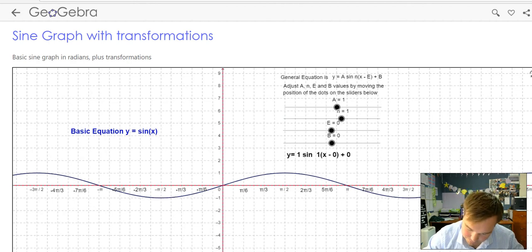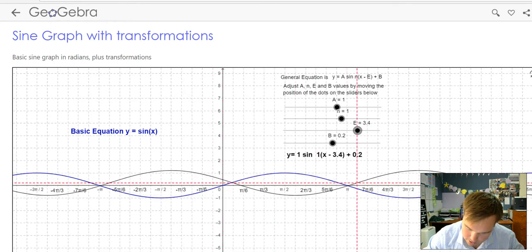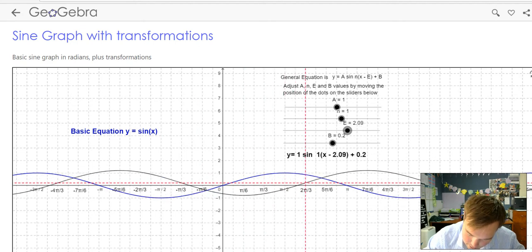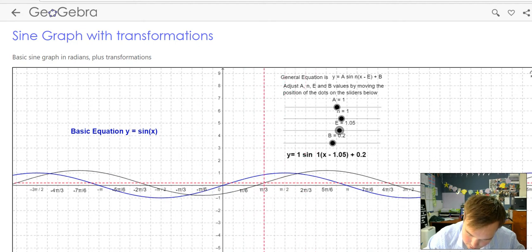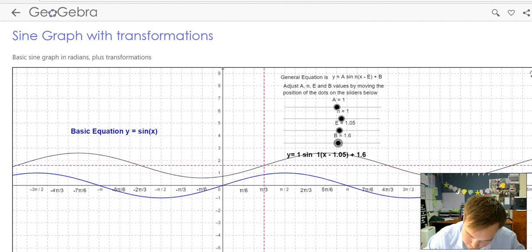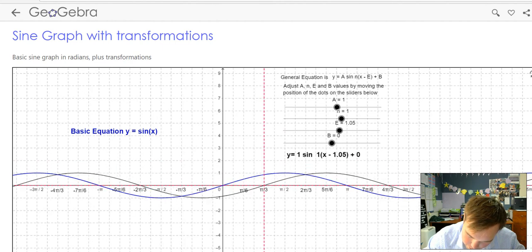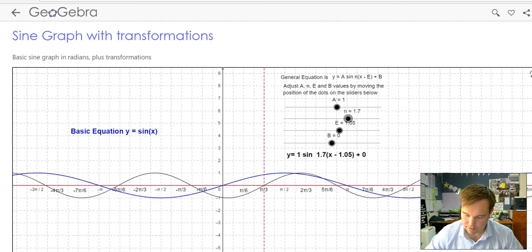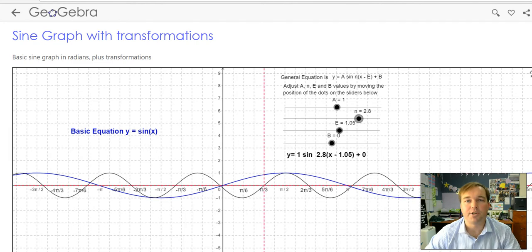B here, oh, we did B, E. Okay, this seemed like a good idea, but now it's just turning fiddly. N adjusts the period.